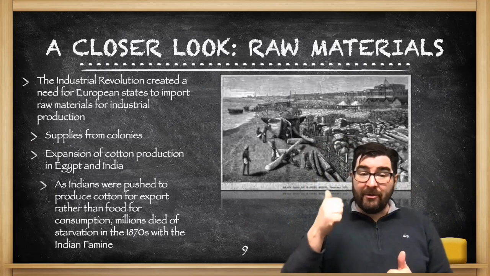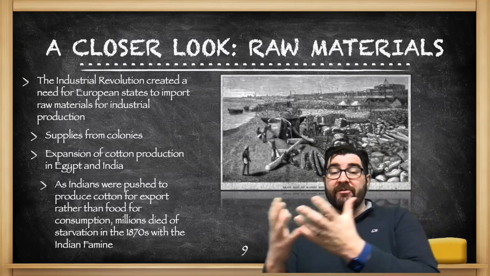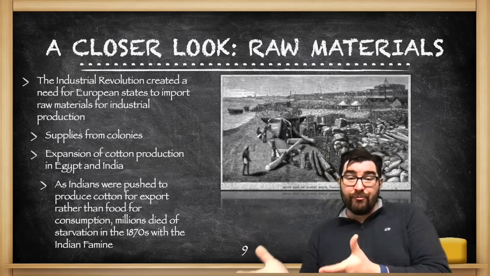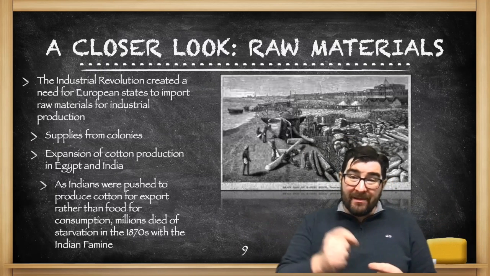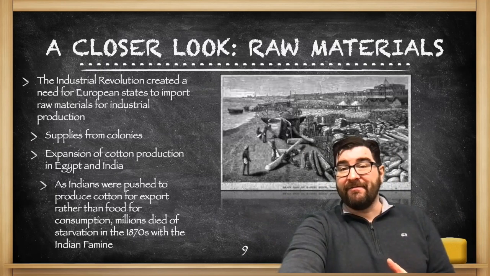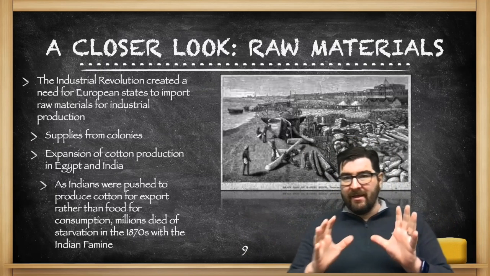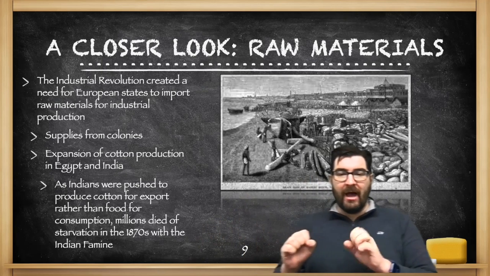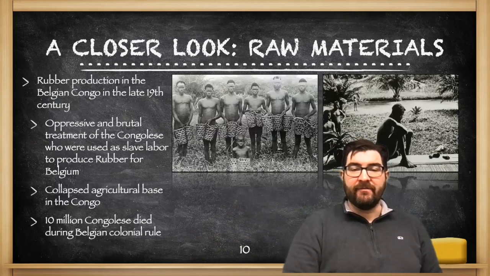That'll come from Egypt and India primarily, as Indians are pushed to produce cotton for export rather than food for their own consumption. Millions of Indians will suffer from starvation following a famine in the 1870s, and this is largely because the British were pushing so much cotton production onto their colony of India.